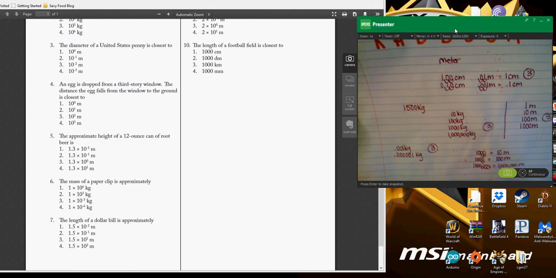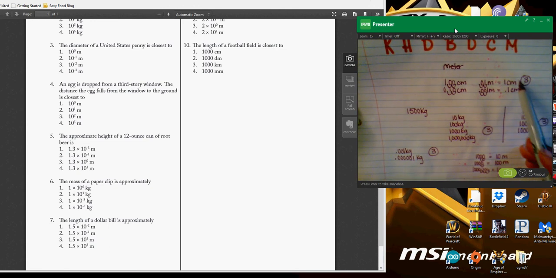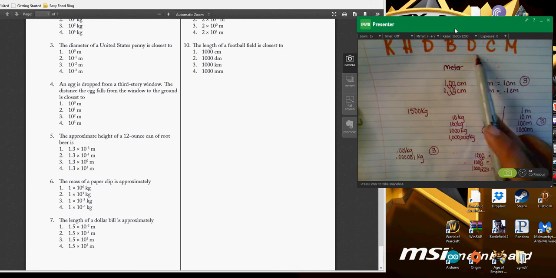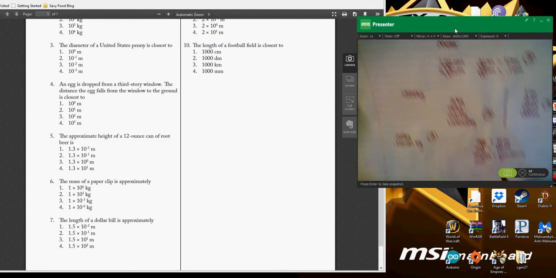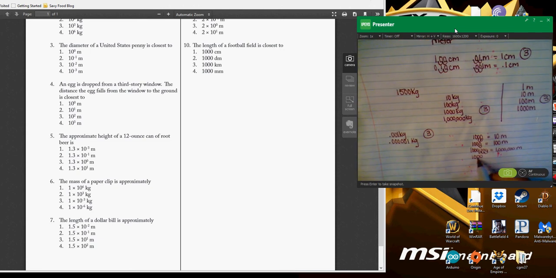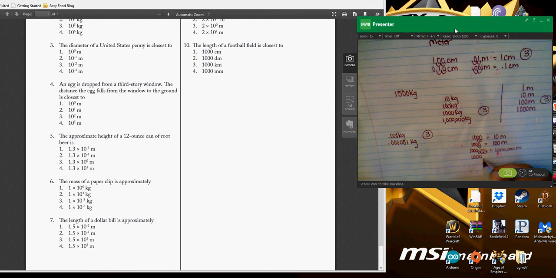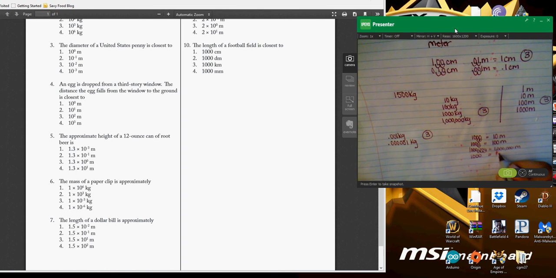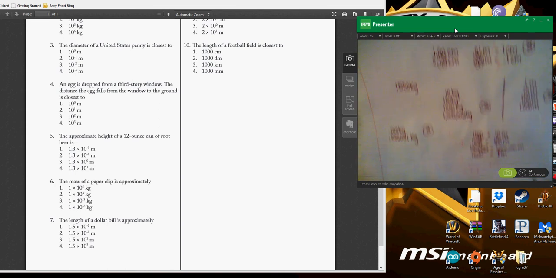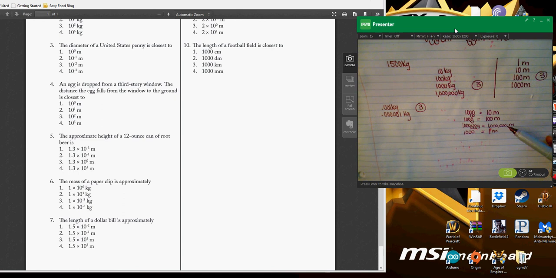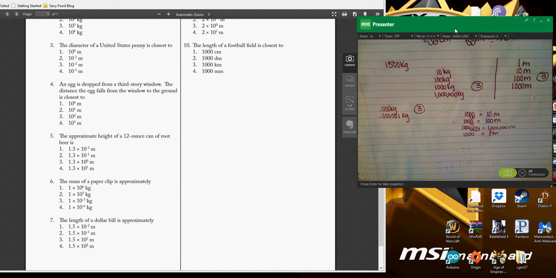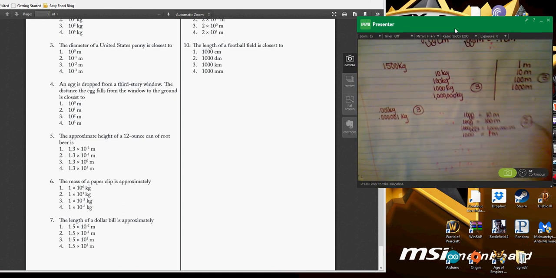And then the last one would be millimeters, where we go from 1,000, 1, 2, 3 to the left. So 1,000, 1, 2, 3, that's equal to 1 meter. So based on what we have, 10 meters, 100 meters, 1,000,000 meters, and 1 meter, the obvious answer is choice number 2.